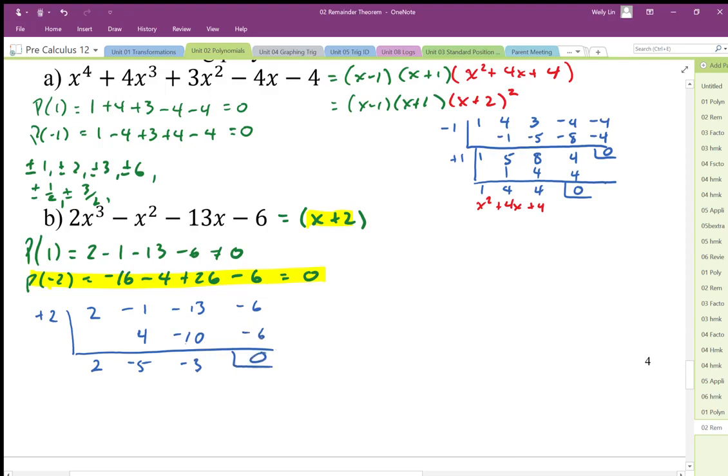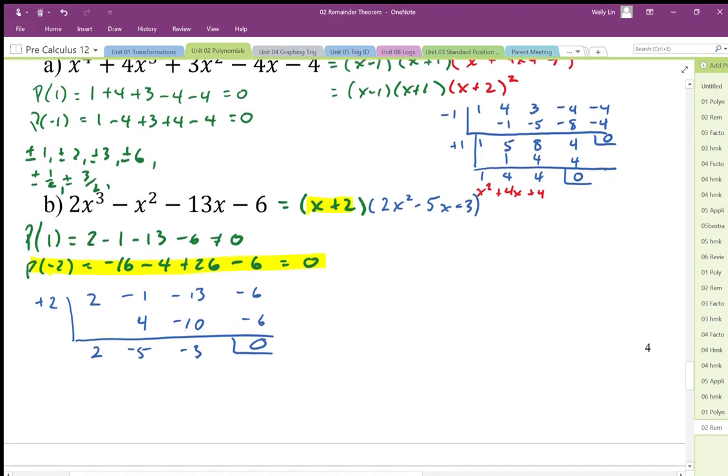Again, if we don't get that 0, you should be asking yourself where did I go wrong? Because if you don't get a remainder of 0, something went wrong either here in the division or my initial factor, because I have to have a factor. It has to give me remainder 0.